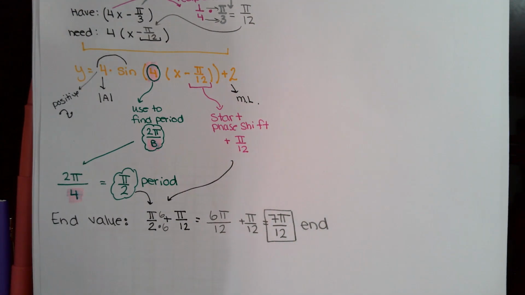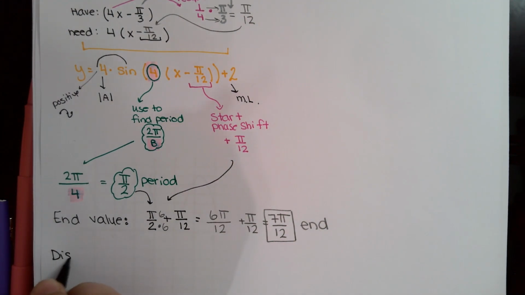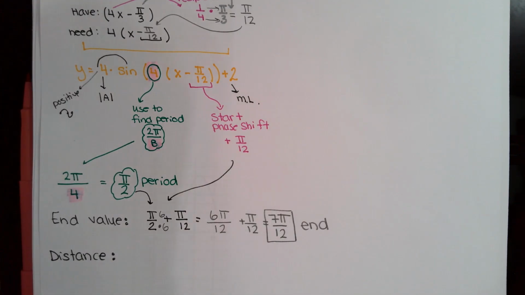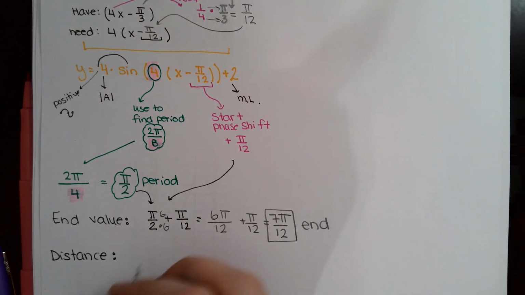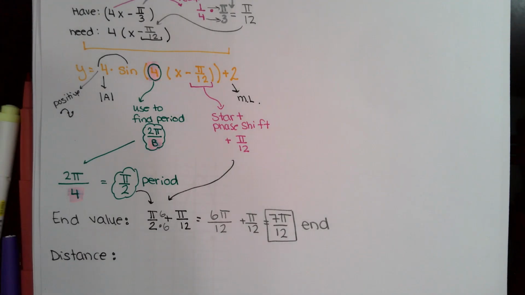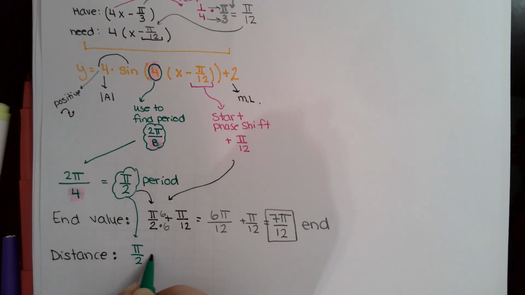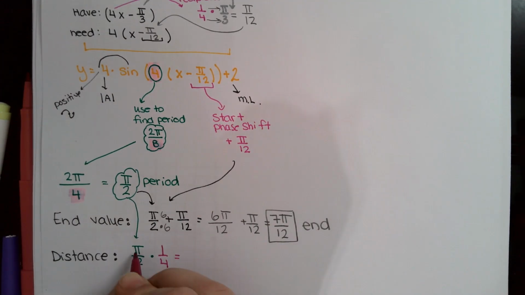And then our distance is going to be our period multiplied always by 1/4, and it's always going to be that 1/4. And we get pi 8ths.